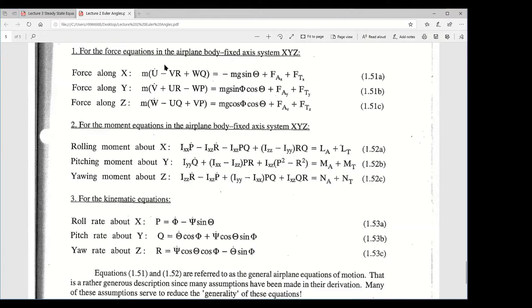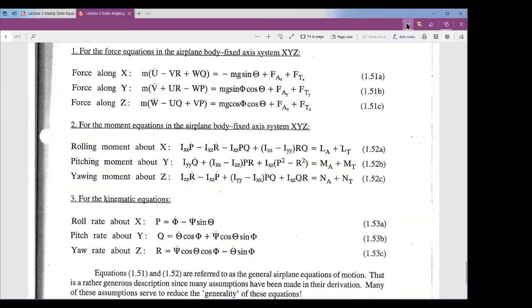So the top 3 equations are labeled. They're the force along the x-axis. So these are the 3 force equations. Again, you can identify them easily because u dot means it's in the x direction, v dot, w dot, y and z direction. Here's the gravity components that we just plugged in.